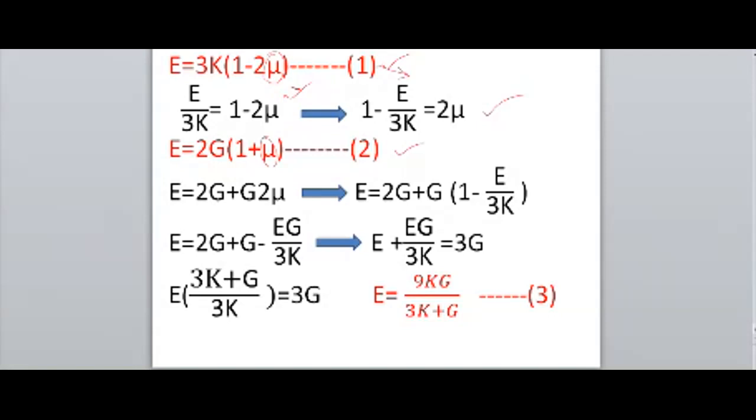Now, the second relation, I am multiplying each and every term with 2g. So I am getting this relation. Now I can substitute the value of 2 mu here. Now I need to multiply it, so by multiplying each term with g, I will get this equation.